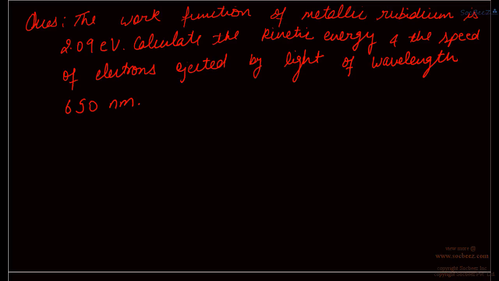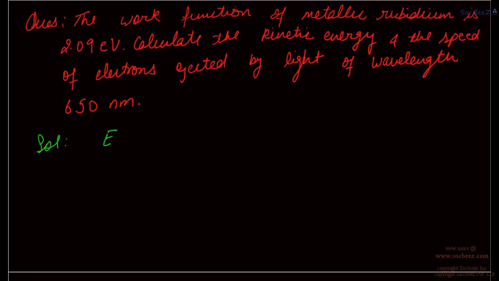Here we are going to use the concept of photoelectric effect, which says that if you want to eject an electron out of a metal, you will have to irradiate it with a photon of certain frequency, such that the energy of that photon should exceed the threshold energy of that particular metal.